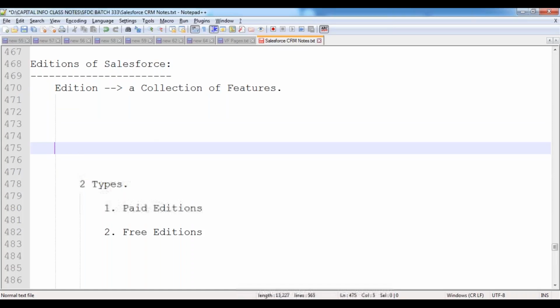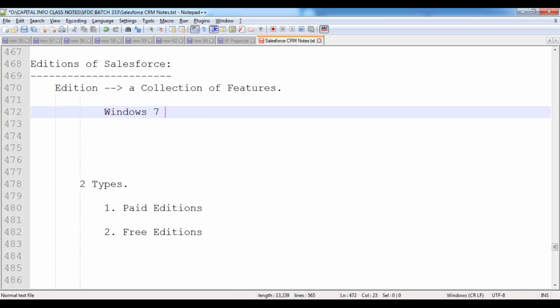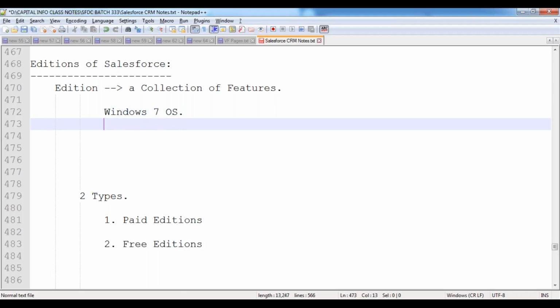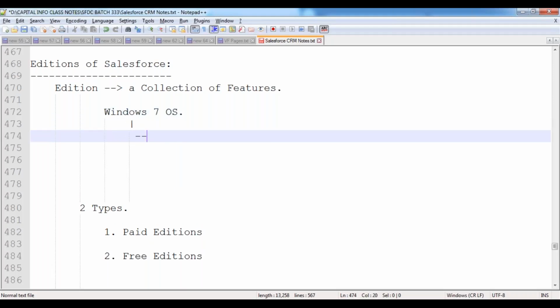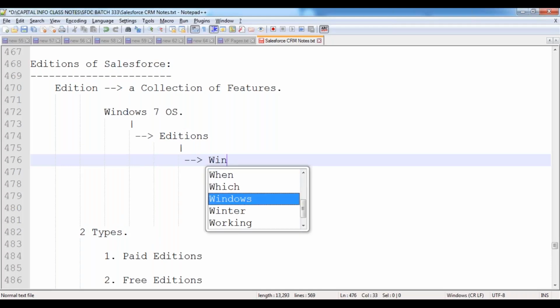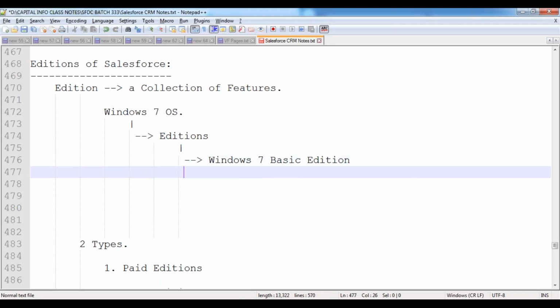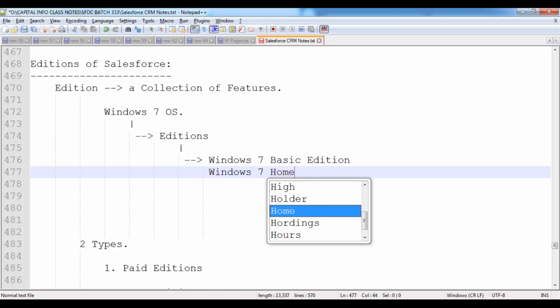Let me explain. Suppose I have the Windows 7 operating system. Do we have any editions in Windows 7? Yes, so many editions. What are those? Windows 7 Basic Edition. Second one, Windows 7 Home Edition.